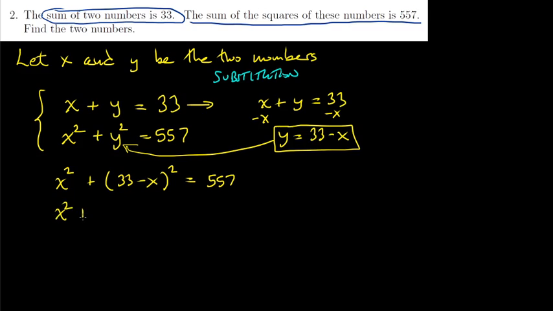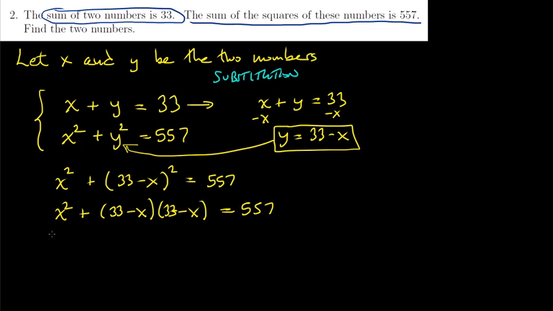I get x squared plus, be careful, right? This is not 33 squared minus x squared. It's a very common mistake. But remember what 33 minus x squared is. It's 33 minus x times 33 minus x. So yep, you have to FOIL that, right?